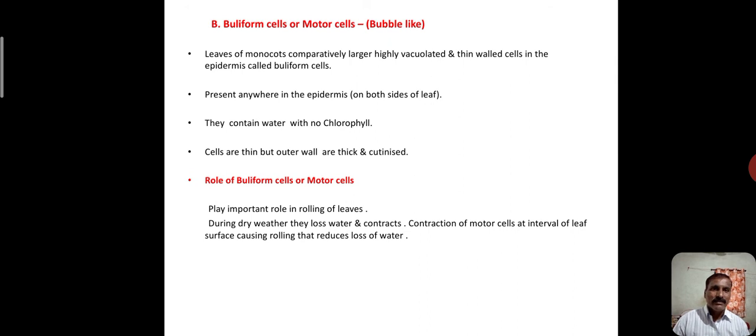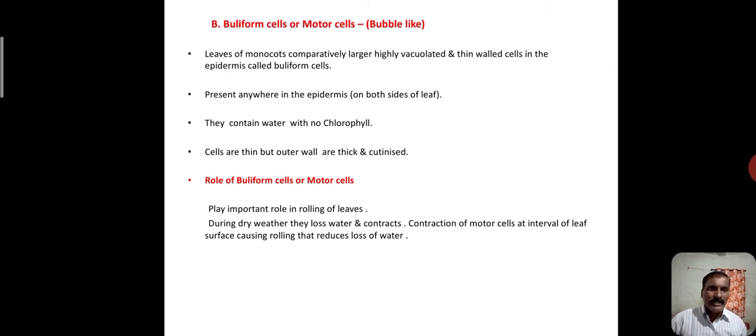They contain water with no chlorophyll. That means they are considered to be water storage cells without chloroplast. Cells are thin, but outer walls are thick-walled and cutinized. Then what is the role of these bulliform cells or the motor cells? They play an important role in the rolling of the leaves.